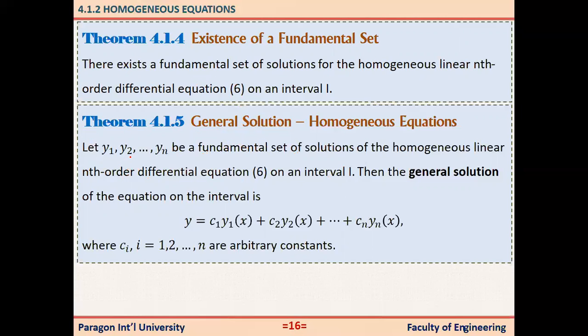Let y sub 1, y sub 2, ..., y sub n be a fundamental set of solutions of the homogeneous linear nth order differential equation 6 on an interval I. Then the general solution of the equation on the interval is C1 times y sub 1 plus C2 times y sub 2 and so on, plus Cn times y sub n. So these linear combinations of these functions produce all possible solutions of the homogeneous equation given in 6.